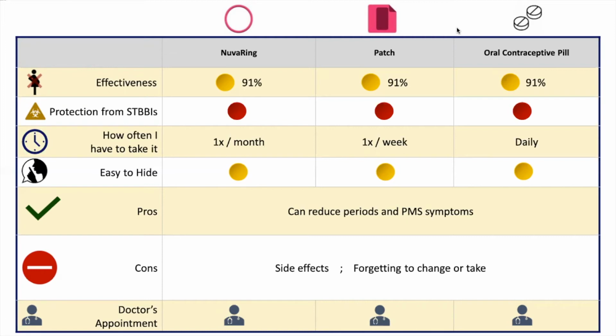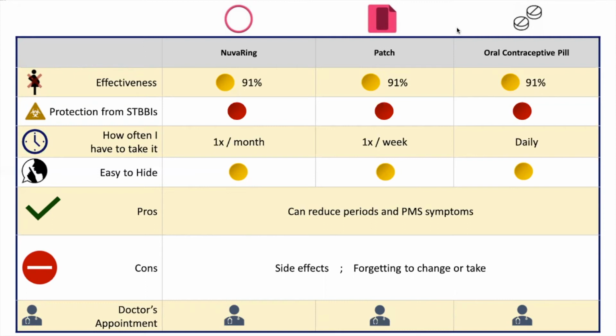Just a reminder that it's very important to take the pill at the same time every day, otherwise it becomes less effective. Those 3 means of contraception, the ring, the patch, and the pill, are easy to hide, and when they are used correctly, they all have the same effectiveness of 91%.